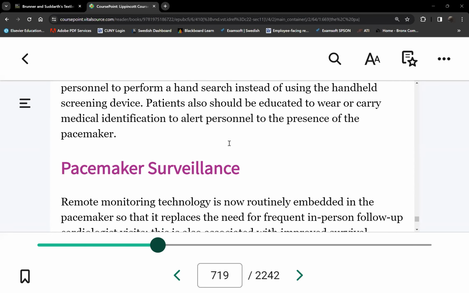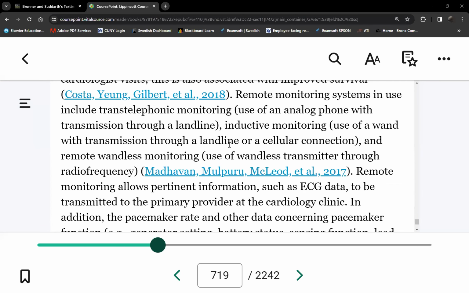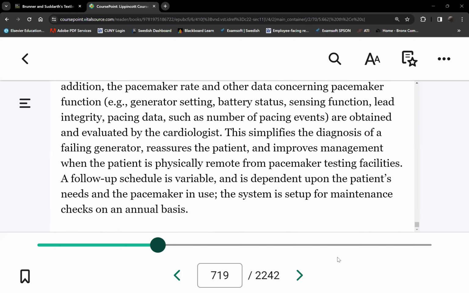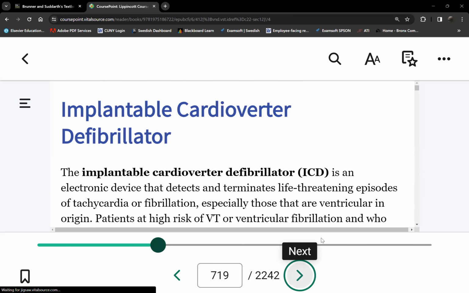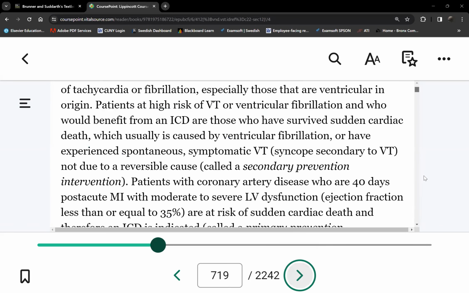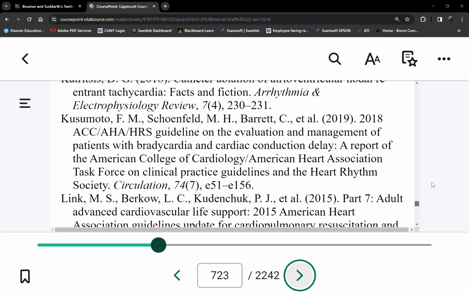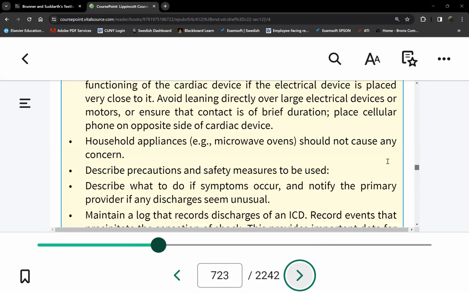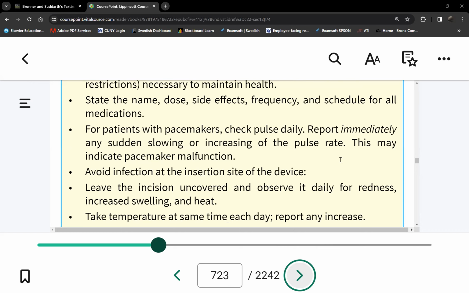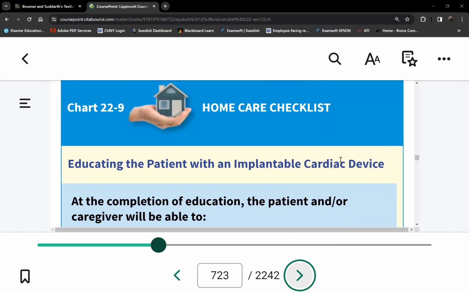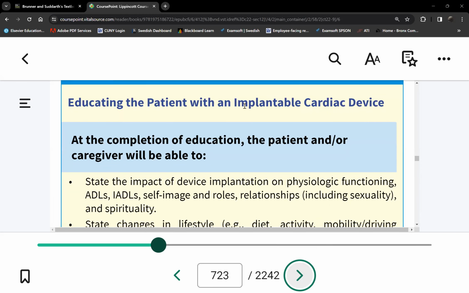I'll go to the chart because it's shorter. It's on the next page. Okay, it's chart 22-9. You'll notice that the title of the chart is Implantable Cardiac Device.